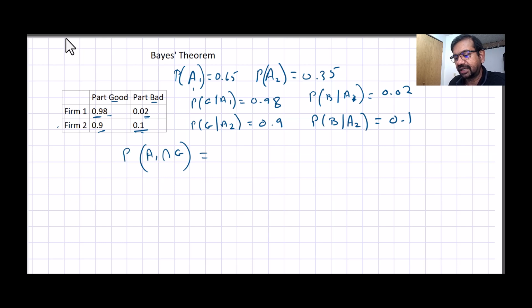That is given by the probability that the part came from firm 1, P(A1), times the conditional probability that the part is good given that it came from A1, which is essentially the probability of us getting our supply from A1 times the likelihood that the part is good given that it came from A1.